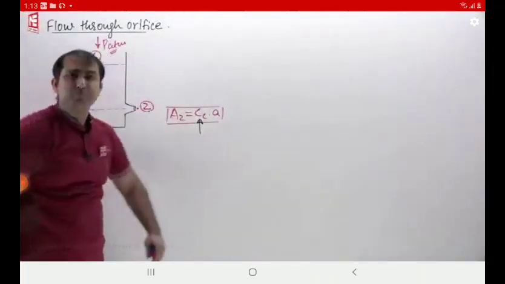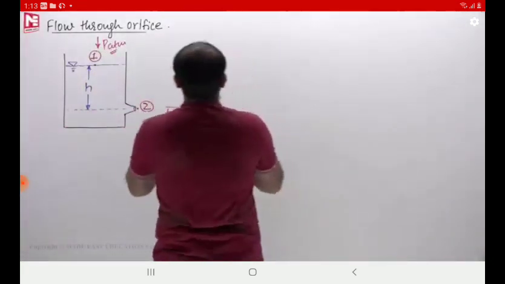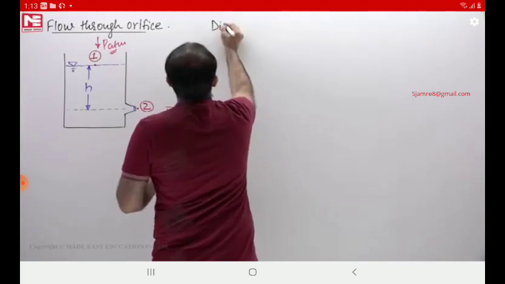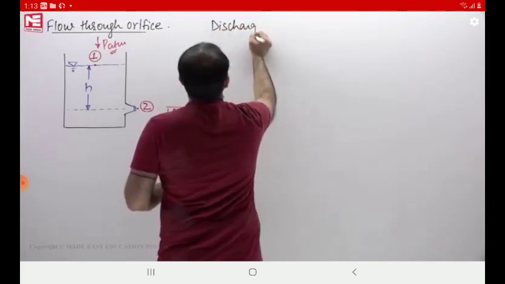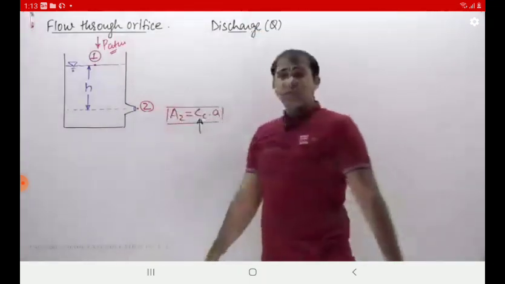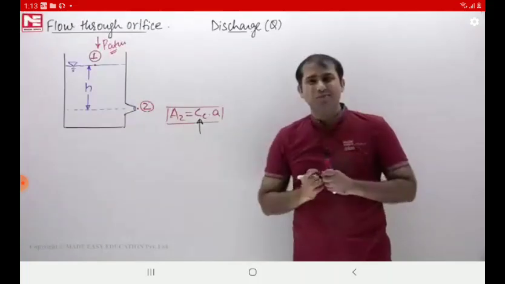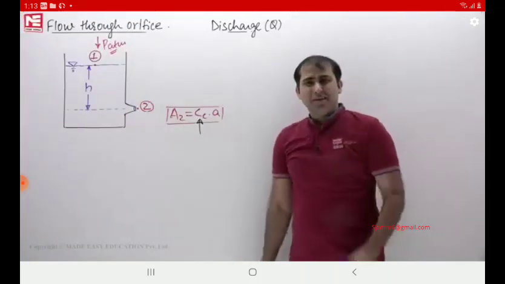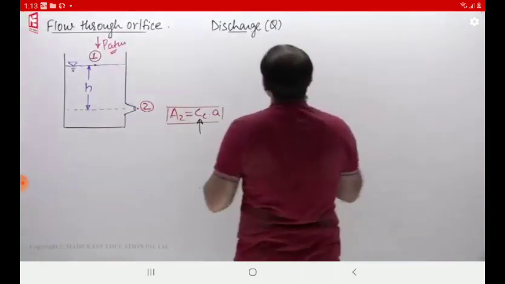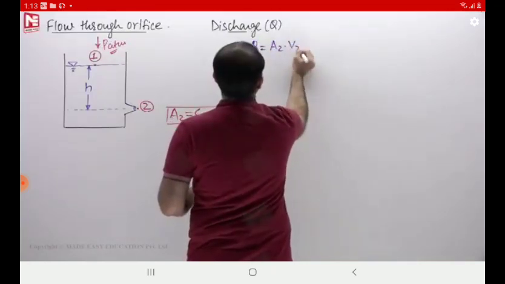Now, my point is related to the discharge Q. You can say Q is equal to A2 multiplied by V2. So Q is equal to A2 multiplied by V2.